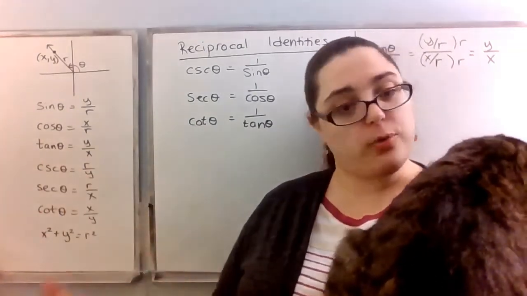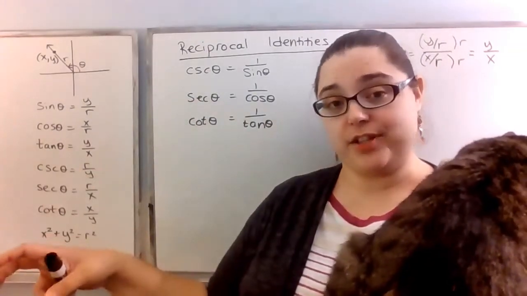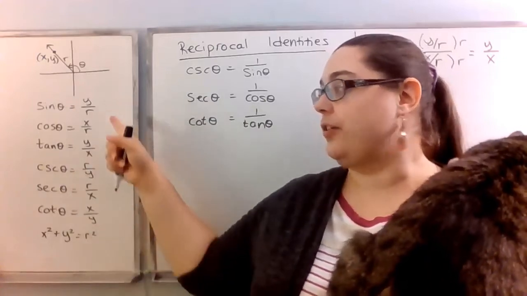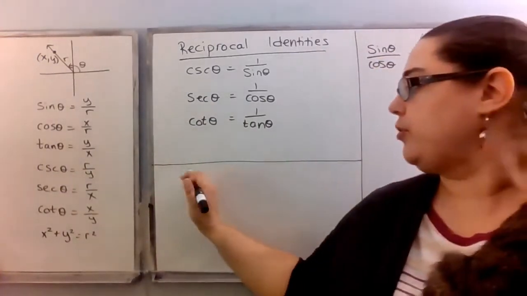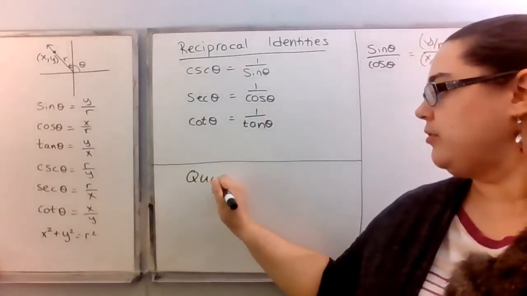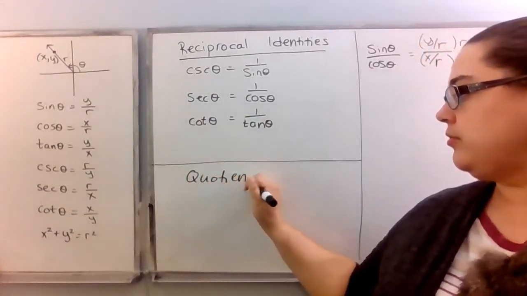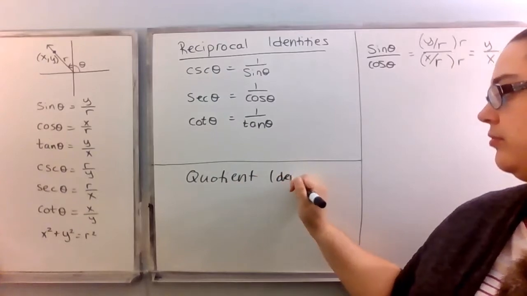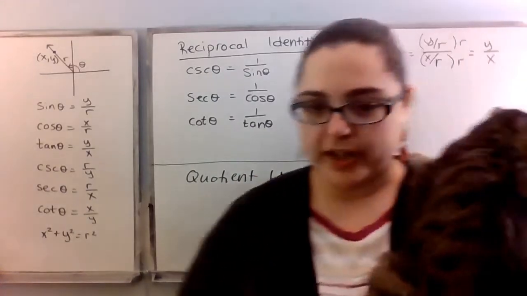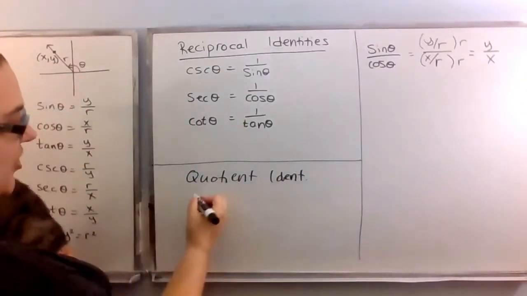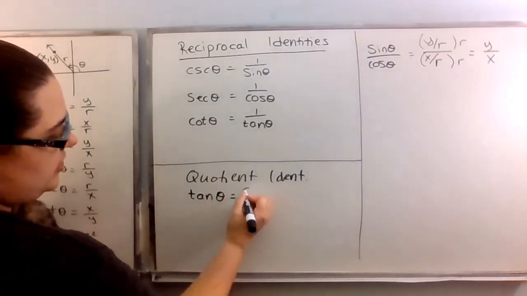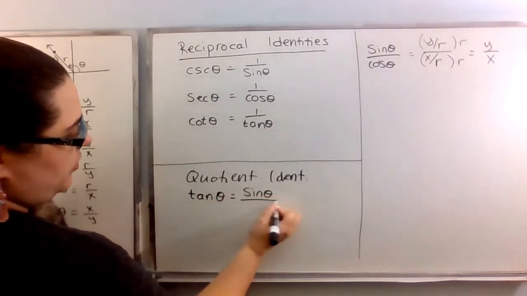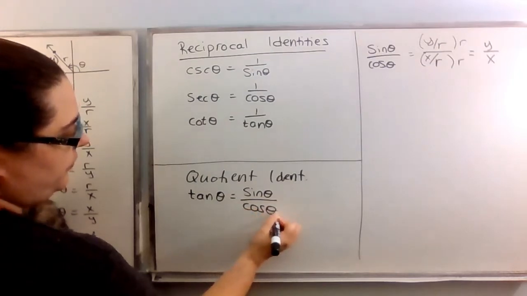So that's our first quotient identity, that tangent is going to equal sine over cosine. So for our quotient identities, we have that tangent of theta is sine of theta over cosine theta.